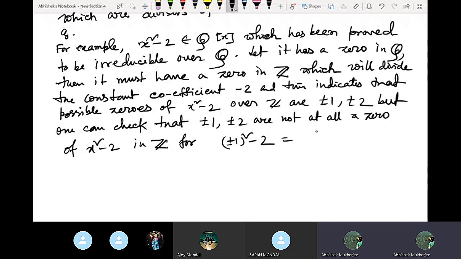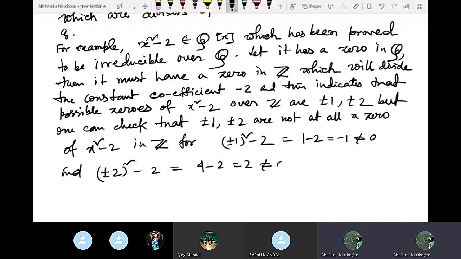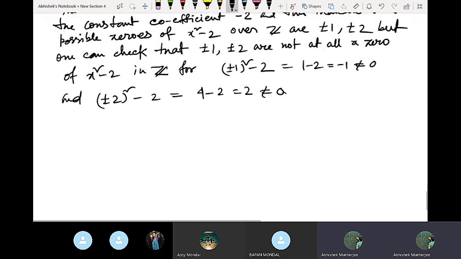Plus minus 1 square minus 2 is 1 minus 2, that is minus 1, which is not equal to 0, and plus minus 2 square minus 2 is 4 minus 2, so this is 2, which is again not equal to 0. So this way we can also prove that x square minus 2 is irreducible over Q. So this is another kind of proof.